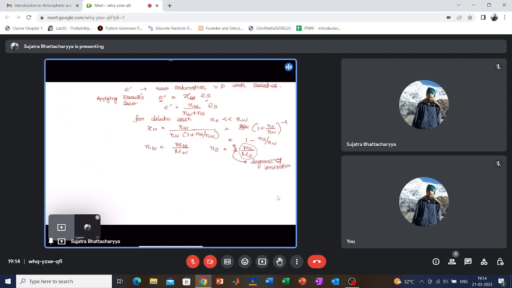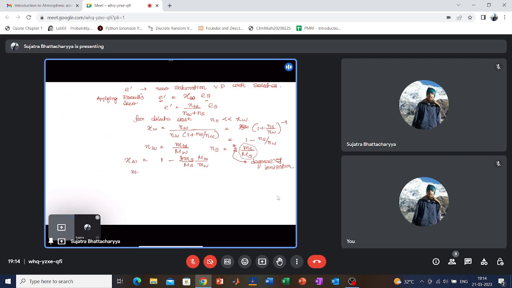Fine. Therefore chi W will be 1 minus NS by NW, so this will be i MS by capital MS into MW, as it is.